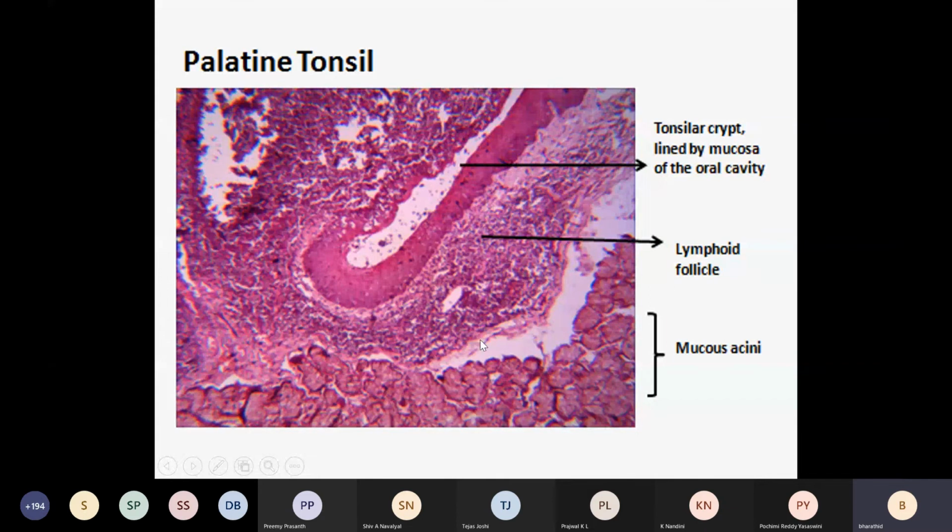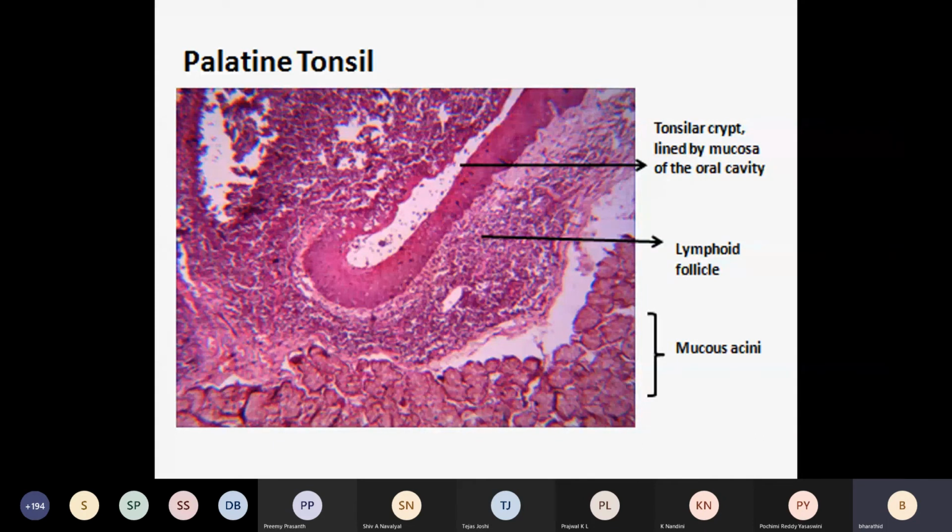Unlike all other lymphoid organs, which are covered by a capsule, the tonsil is covered only partly by a capsule. In other words, it is called a non-encapsulated lymph node.